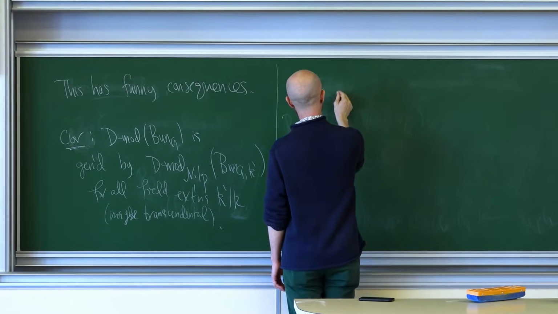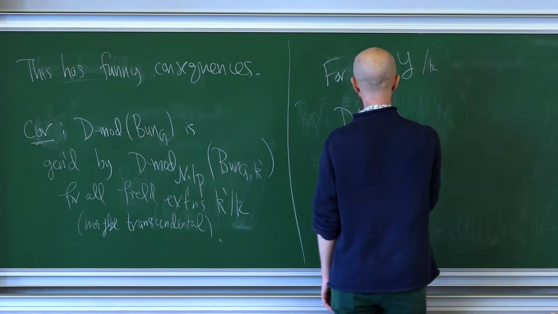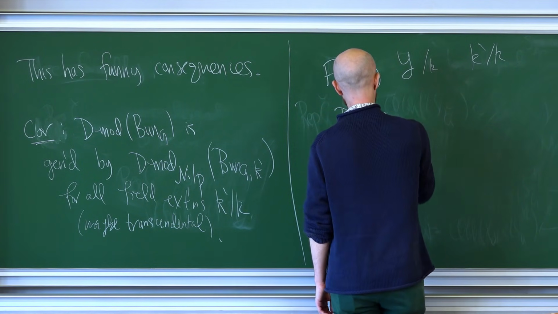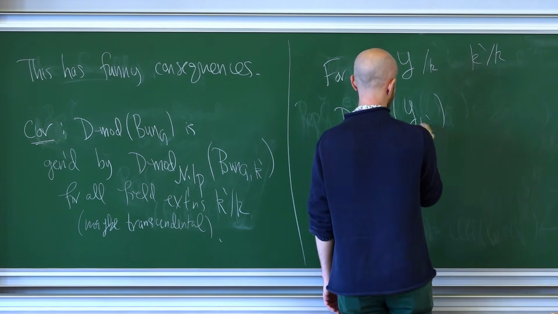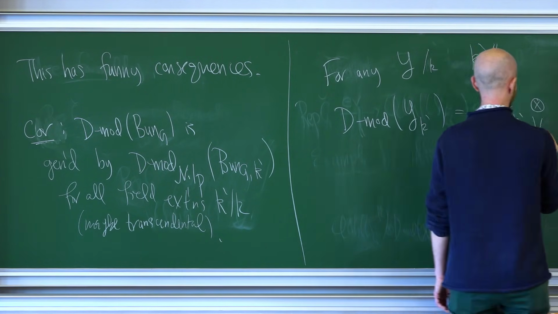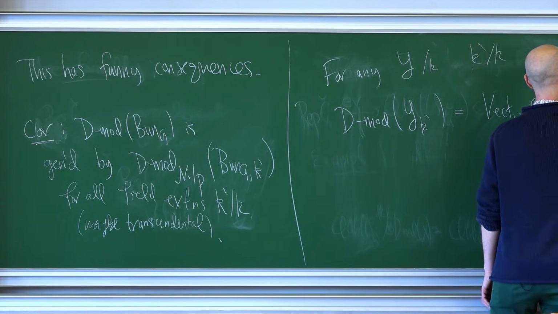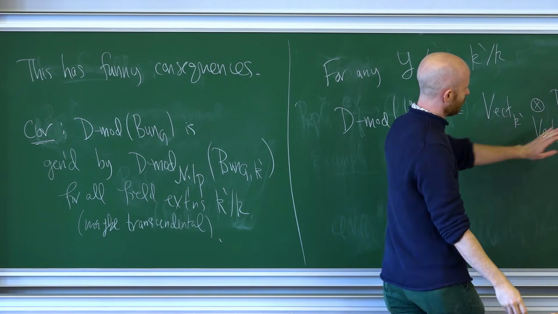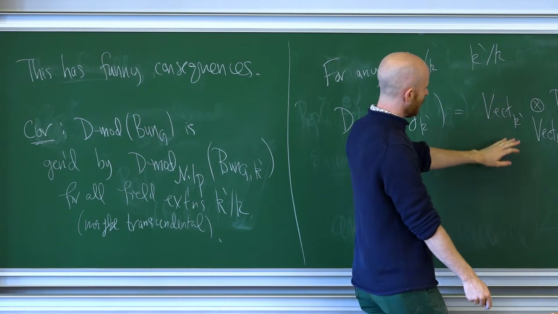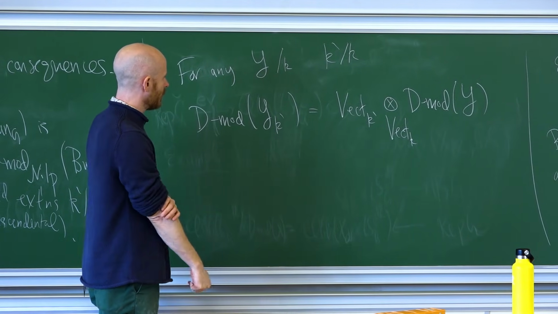So for any Y over this field K, and any K prime over K, if I take this category of D modules on Y base changed to K prime, this is going to be the same thing as taking the category of vector spaces over K prime, tensor over vector spaces on K with D modules on Y. This is just a fancy way of saying: take the category of D modules on Y, which is enriched over K vector spaces, and now start tensoring those Homs up to K prime to force it to be enriched over K prime vector spaces instead.